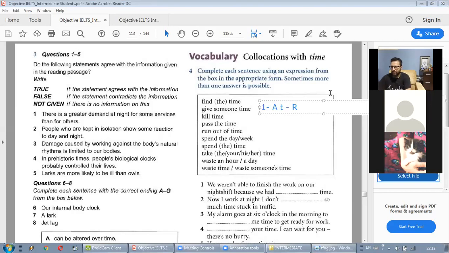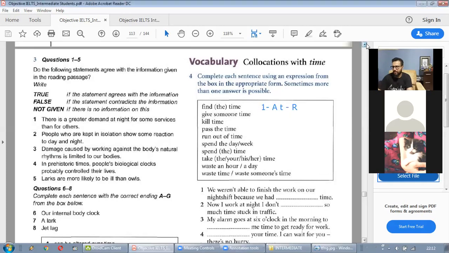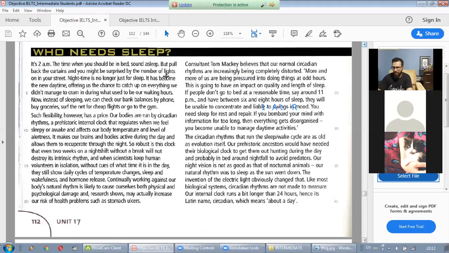Let's go back a bit. Rima, what did you answer? Okay, you want to check first, right? I did true. I don't know, maybe it's wrong. Okay, so the keyword is greater demand.